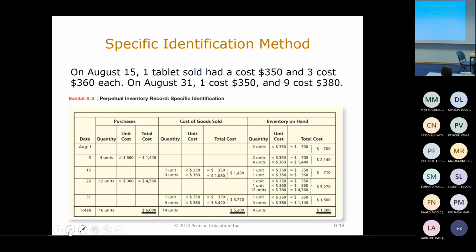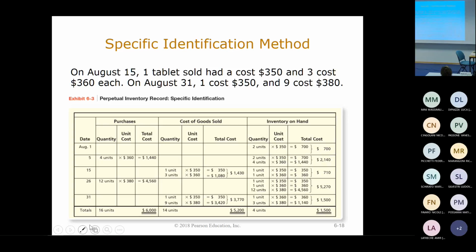If you buy shares of the same company at different times, at different prices, then you sell them, what is the profit? Well, you should identify the precise instruments you're selling, or you can apply some inventory costing method, like FIFO and so on. Now this table here shows the application of a specific identification method.